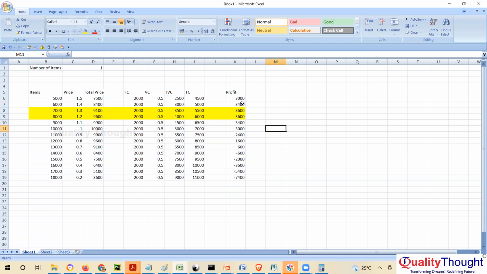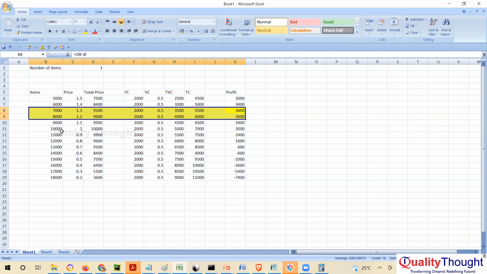If you make more than that, you're also in profit. But this is the right value where you get the maximum profit. Your aim is to get maximum profit, isn't it? So you should not make more than 8,000, and you should not make less than 7,000. Anywhere between 7,000 and 8,000 is the best way to implement, so that you get maximum profit.